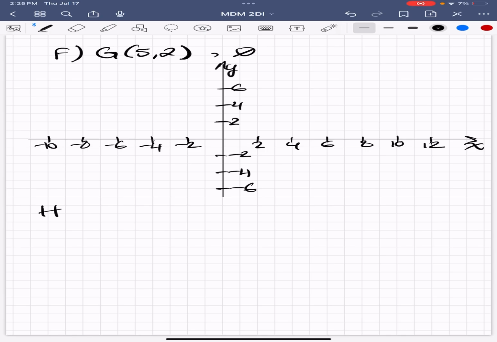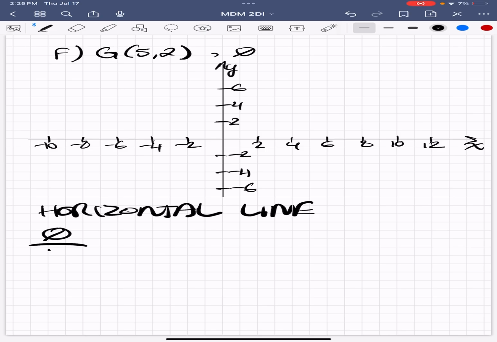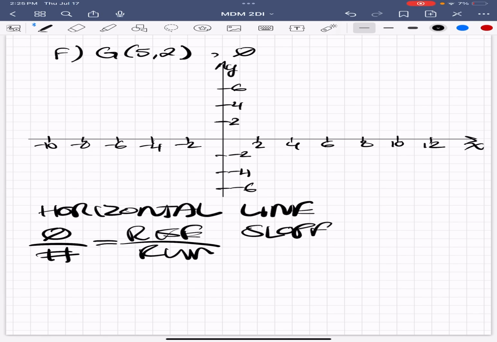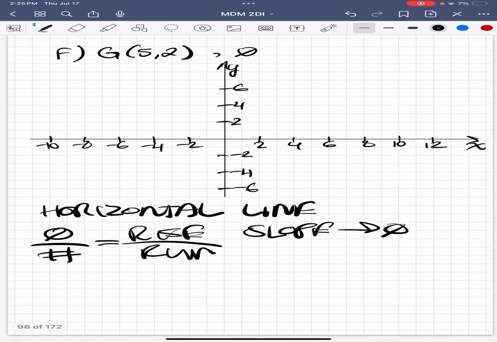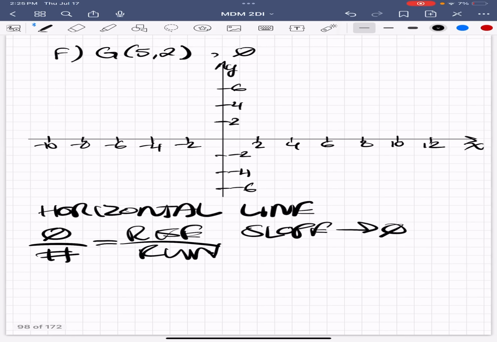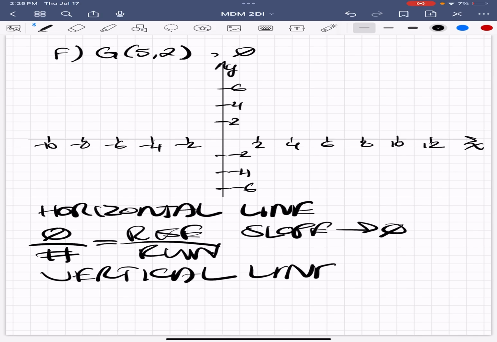So we have a horizontal line being 0 divided by a number equals rise over run, slope being 0, and then we'll do a vertical line being slope undefined or infinity.